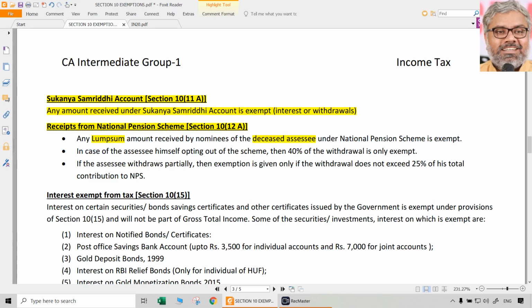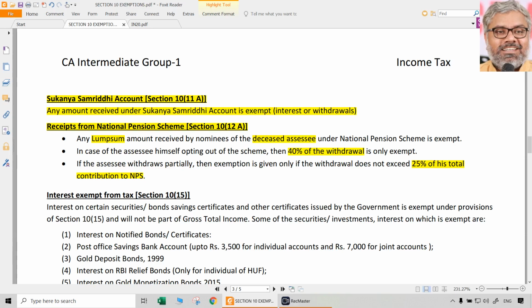If at all nominees of any deceased person have received amount from the National Pension Scheme, that is fully exempt. Of course, in case the assessee himself is opting out of the scheme, then 40% of the withdrawal is only exempt. Only 40% of the withdrawal is exempt if the assessee is opting out of this scheme. Of course, other side is, if the assessee withdraws partially, then exemption is given only if the withdrawal does not exceed 25% of his total contribution to NPS. So that is the exemption given.